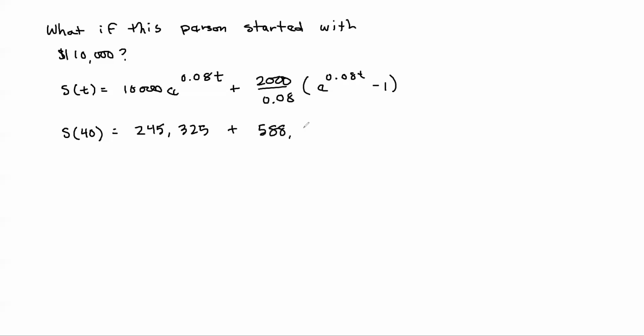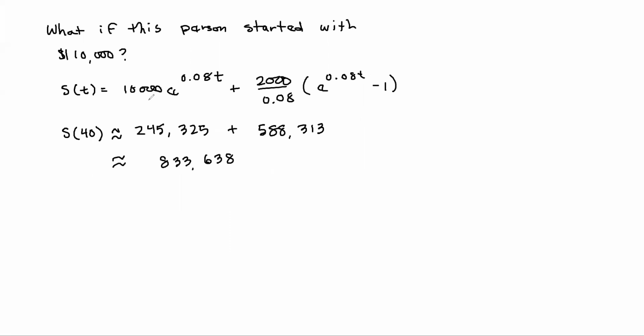This is the neat thing about the model: it splits up the amount of money that you made from your initial investment and the returns from your additional deposits. And so you can see the relative effect of each. Starting with $10,000 produced a good amount of return, but nowhere near as much as adding $2,000 per year.